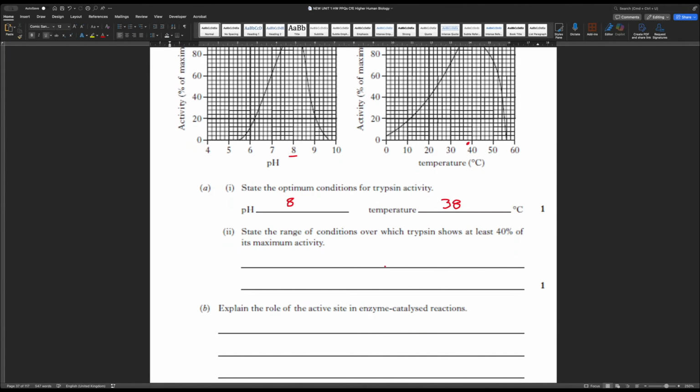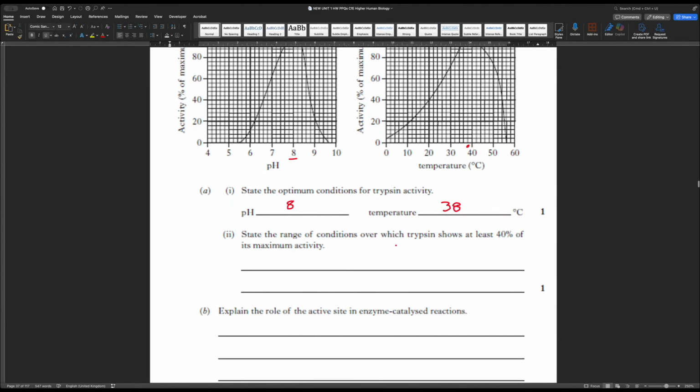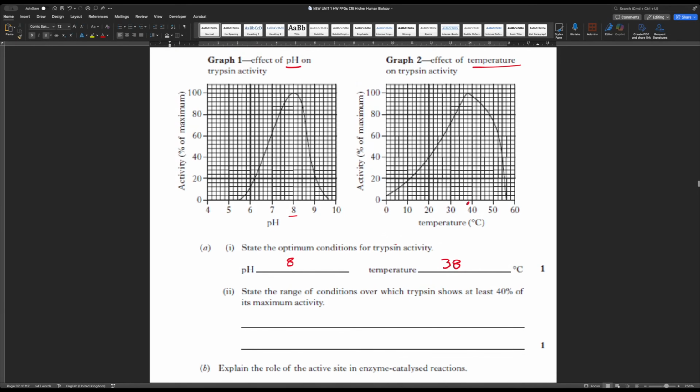Okay, state the conditions over which trypsin shows at least 40% of its maximum activity. So the range of conditions. So 40% starts here and here on this graph, okay? That's 40% there. And over on this graph, it starts here and here, okay?